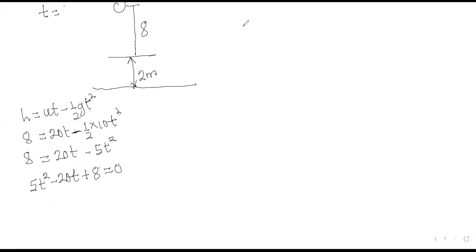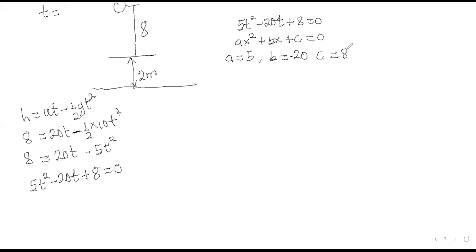So this time around, when we compare our equation to a quadratic equation, ax squared plus bx plus c is equal to 0, A is equal to 5, B is equal to negative 20, and C is equal to 8.